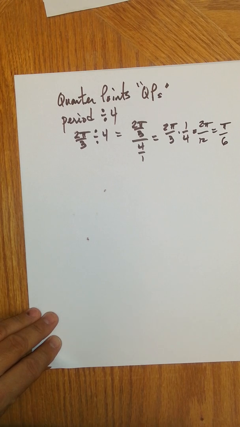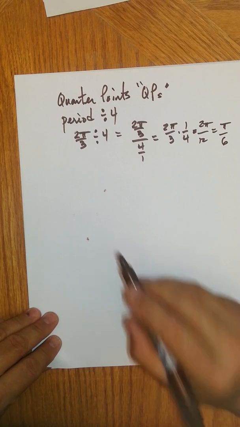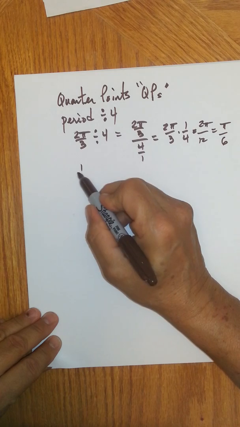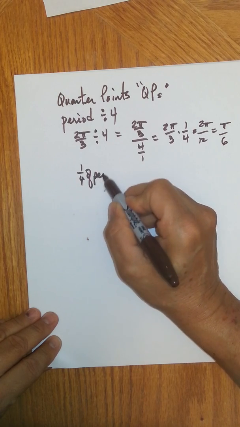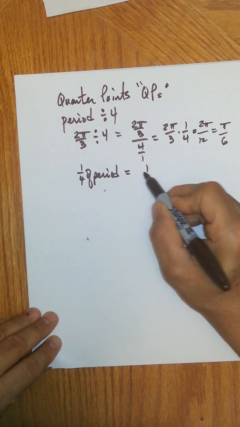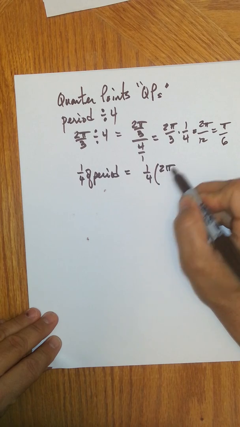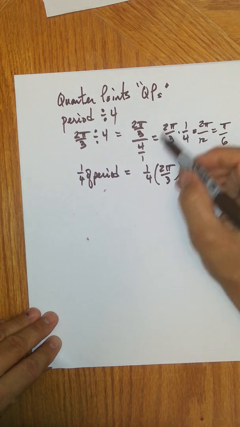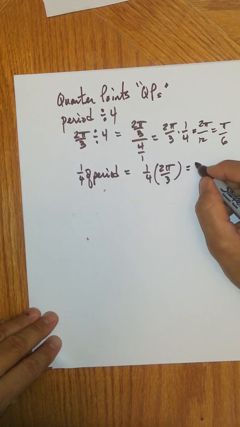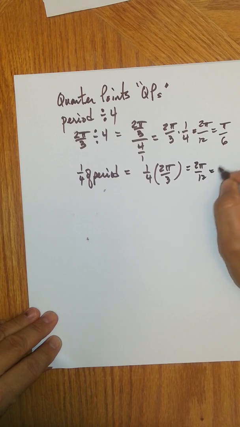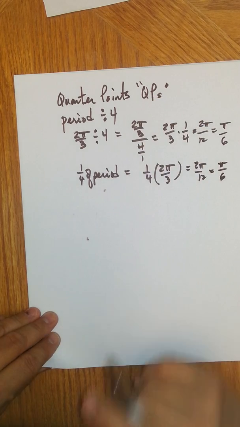So now I know that each quarter point is going to be π/6, an additional length of π/6. I could have also said, well, I'm going to take 1/4 of the period, which is 1/4 of 2π/3, which would get us right here in this calculation. And then I'd say 2π/12, π/6. So however you want to think about it.